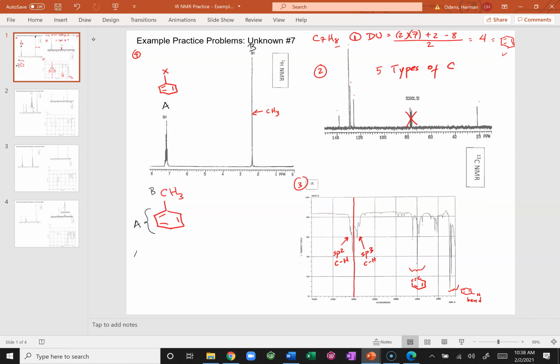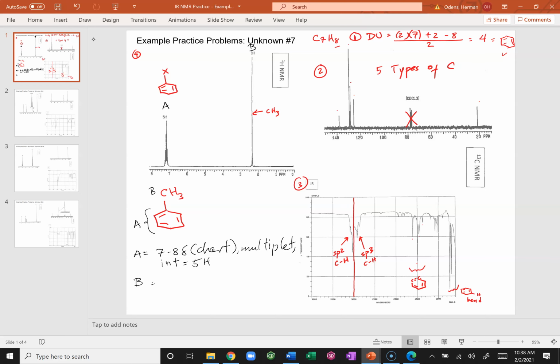So A will be equal to what? 7 to 8 ppm on the chart. We have a multiplet that integrates for 5 hydrogens.